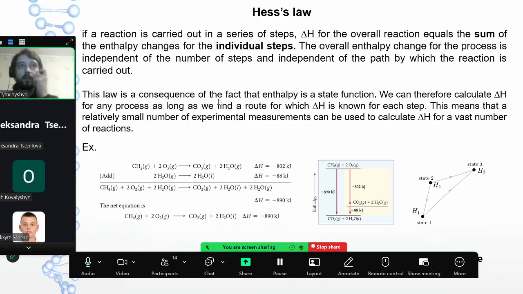Good. One more thing to notice is Hess's law, and we will probably need some general ideas of it somewhere. So once again, the enthalpy is a state variable. So it does not matter how the system got from the initial state to the final state.